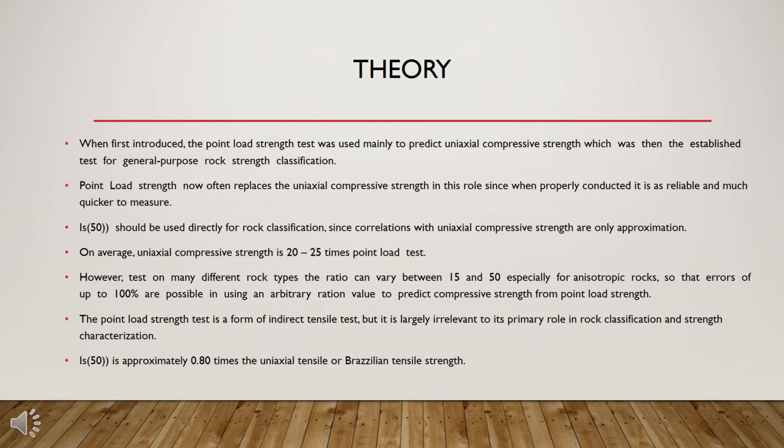The point load strength test is a form of indirect tensile test, but this is largely irrelevant to its primary role in rock classification and strength characterization. Is50 is approximately 0.80 times the uniaxial tensile or Brazilian tensile strength.